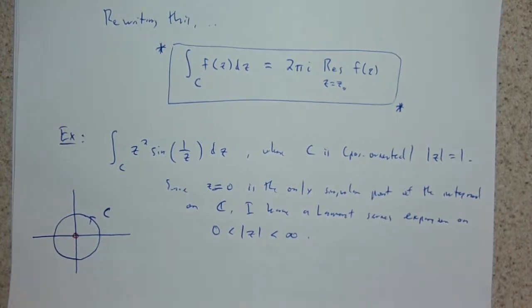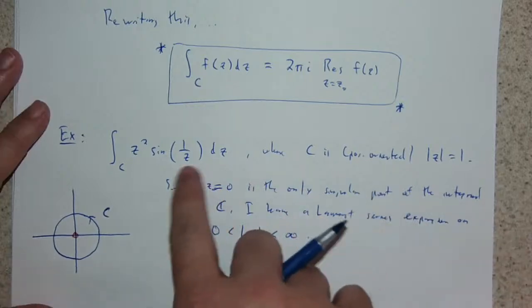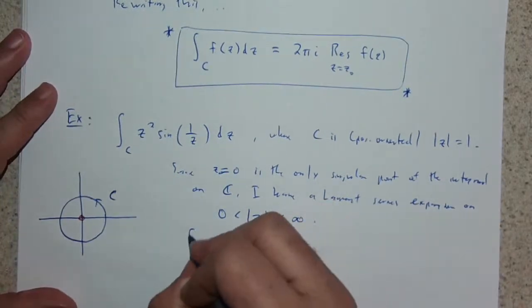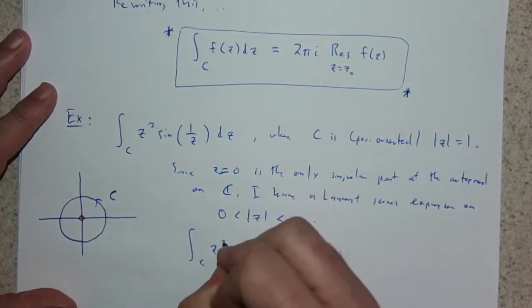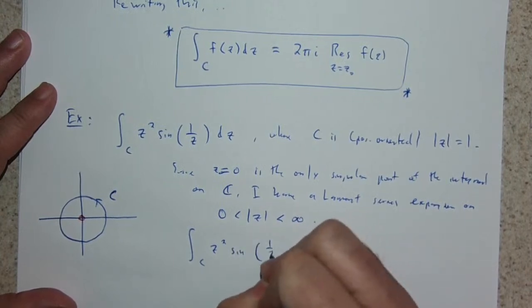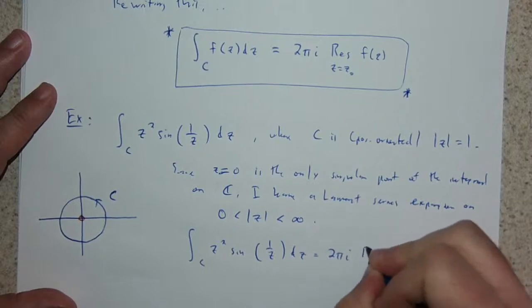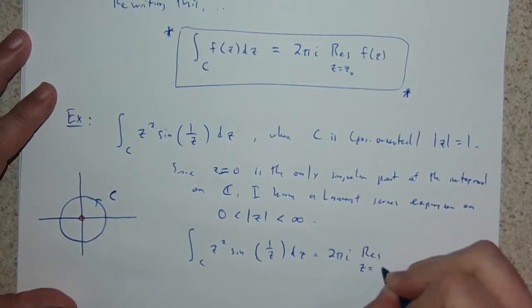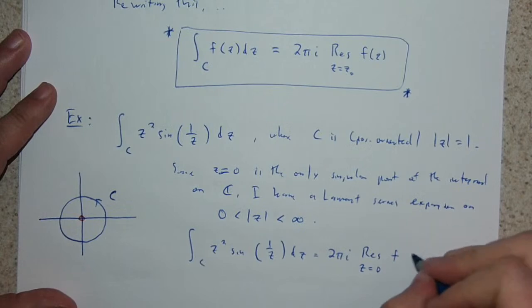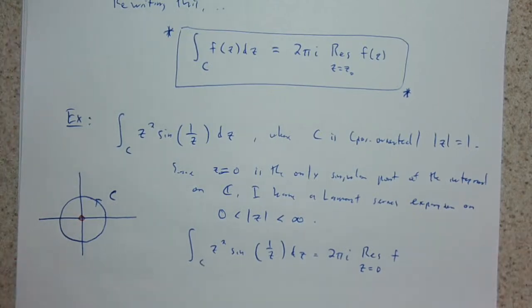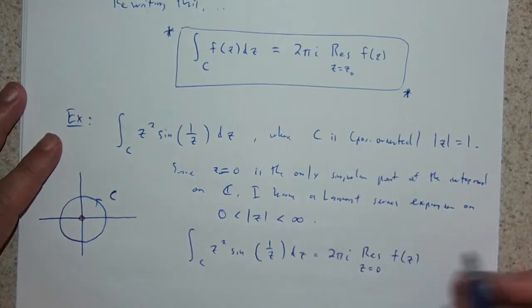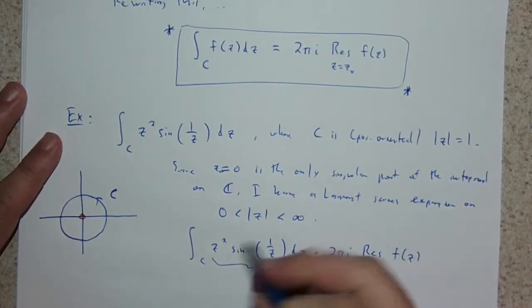Whatever this thing is, this integral can be computed as 2 pi i times the residue at z equals 0 of our function f of z, which is the integrand.